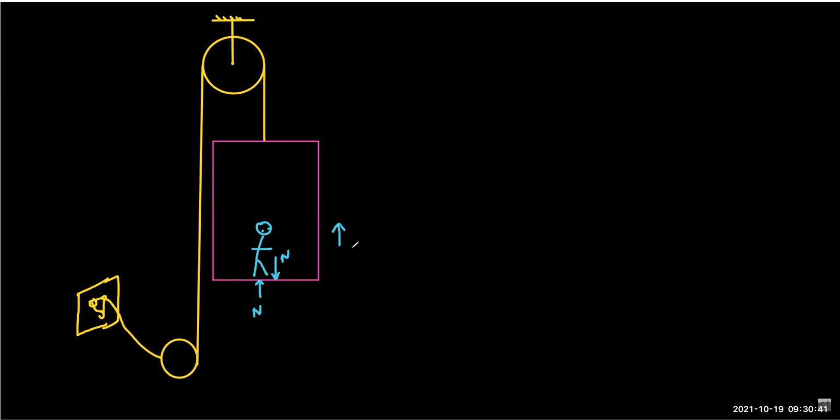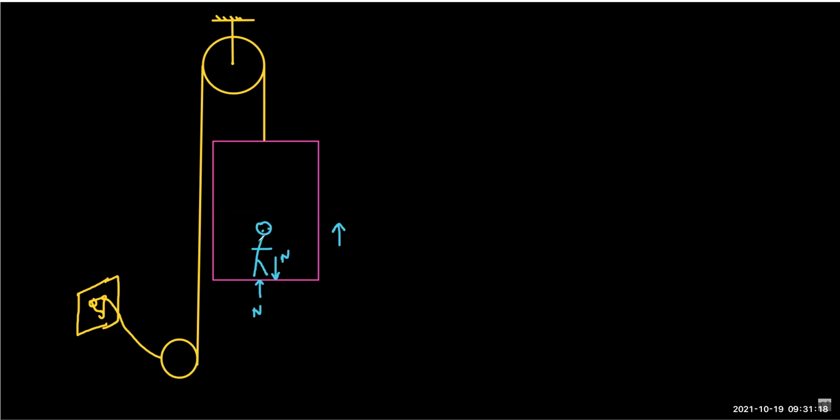So if the elevator is going up, the normal is doing negative work. So negative means the normal is extracting energy from the elevator, and the same energy it is giving back to the man. So now you can understand that the normal is able to extract energy from the elevator and give it to the man. That's the flow of energy.